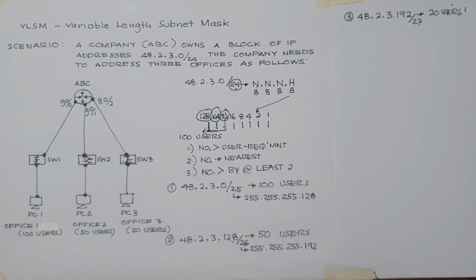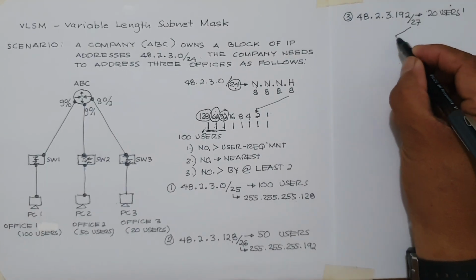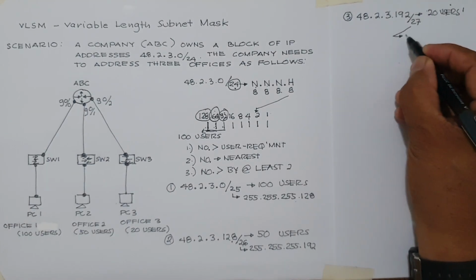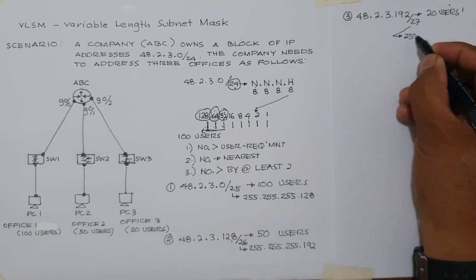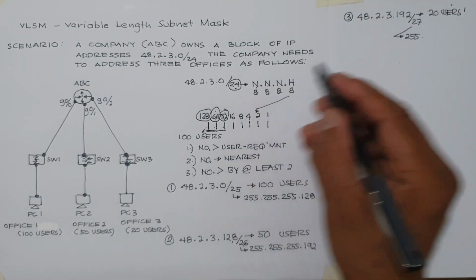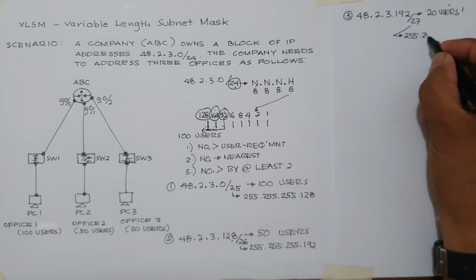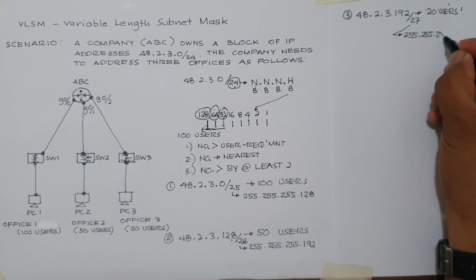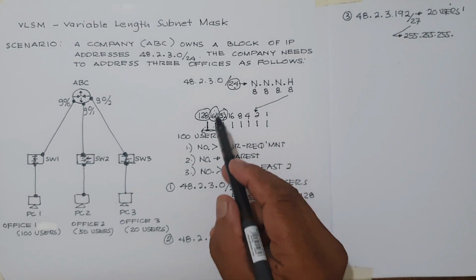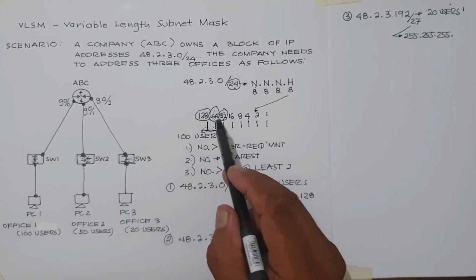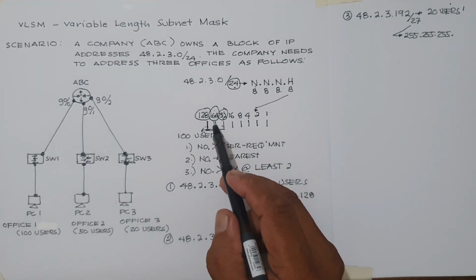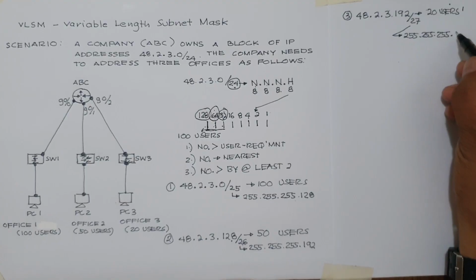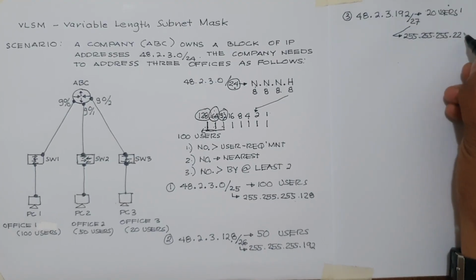Okay? And what is the subnet mask for /27? That will be 255 for the first 8, 255 for the second, 255 for the third, and for the fourth, we add these 3, 128 plus 64 plus 32, we get 224.